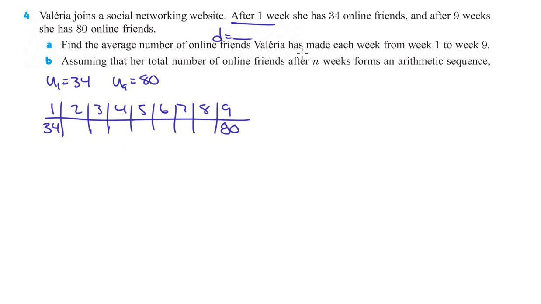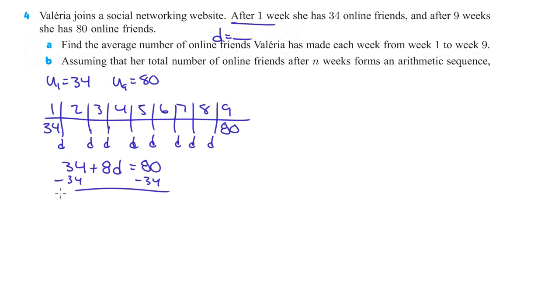Let's find the average number of online friends Valeria has made each week from week 1 to week 9. Okay, so that means I'm going to add a D here, here, here, here. All these little lines here are all going to be D's. So I know that if I take 34 and I add 1, 2, 3, 4, 5, 6, 7, 8 D's, I know that I'm going to end up with 80, right? So subtract 34 from both sides. 8D is going to equal 46.